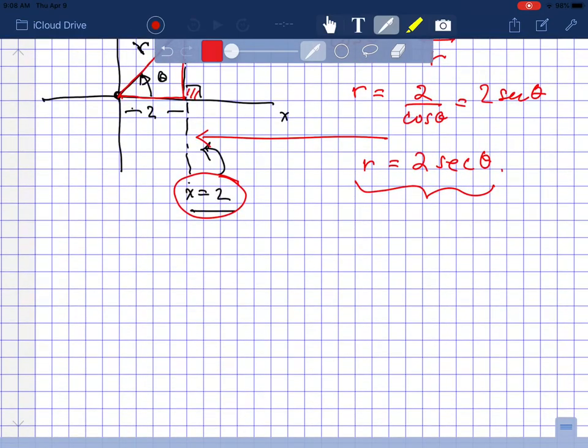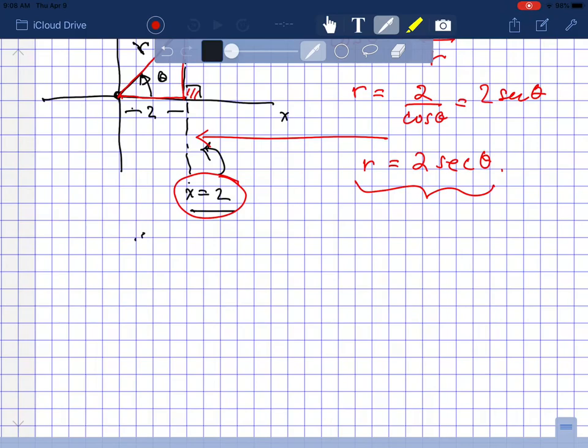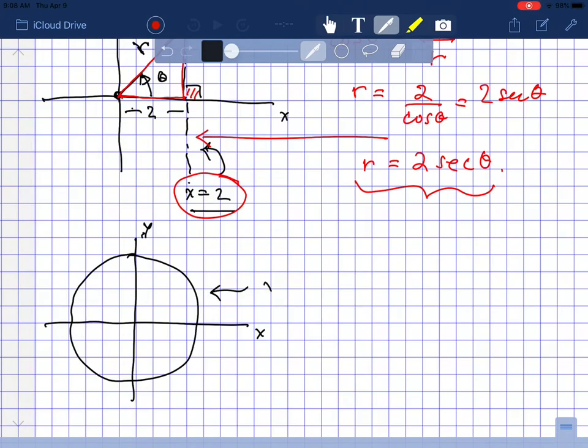Here's another example, an easy one. If I have the circle, just the unit circle, then we know the equation of this unit circle in rectangular coordinates is given by x squared plus y squared is equal to 1.